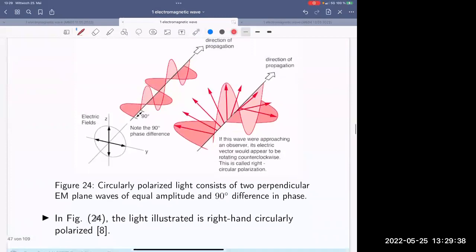In figure 24, the light illustrated is right hand circularly polarized, because if you are the person who observes here and you watch this E field from the bottom, you can see that the E field rotates like this.